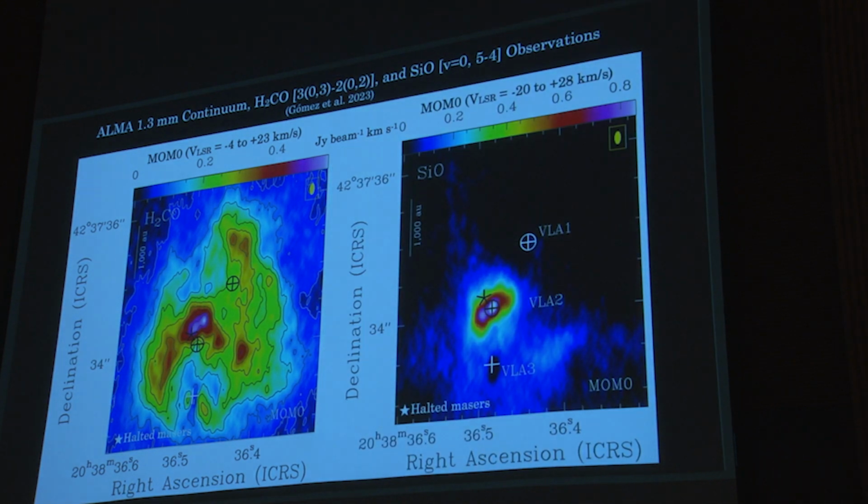The most important result is when we see the integrated emission in SiO, which is completely different from the formaldehyde. The SiO is well concentrated, mostly on BLA2. BLA1 and BLA3 do not have enough SiO emission.